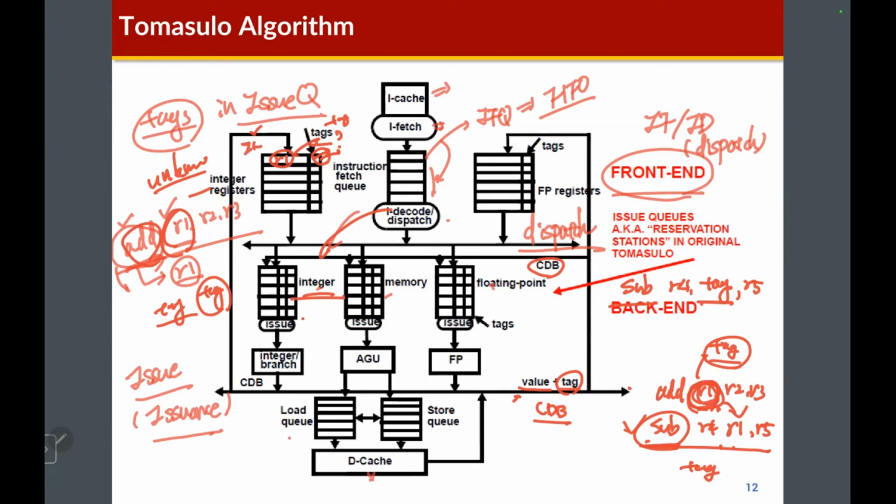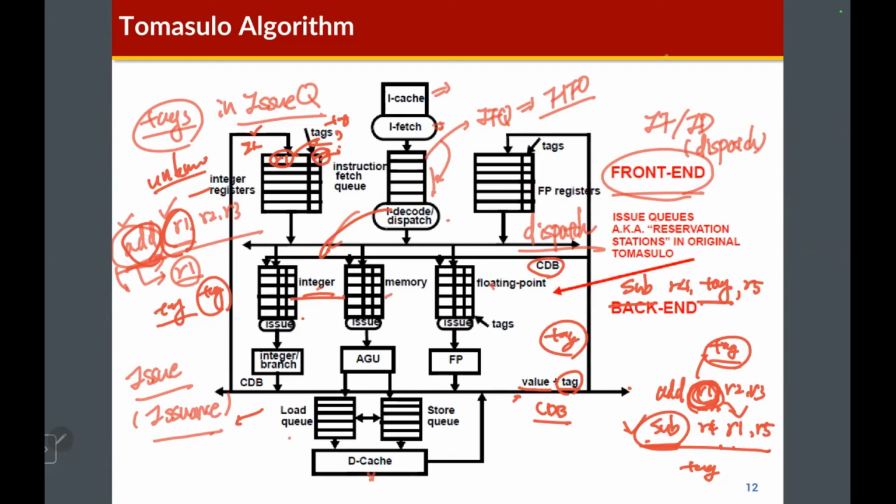The integer register file too. So the result is generated and then delivered via the common data bus. Then the tag is checked in the register file and issue queues.